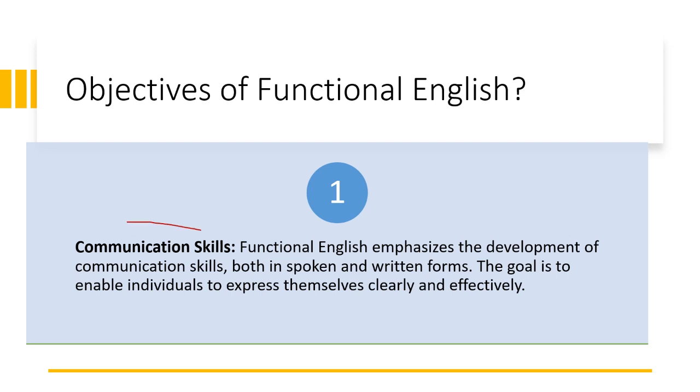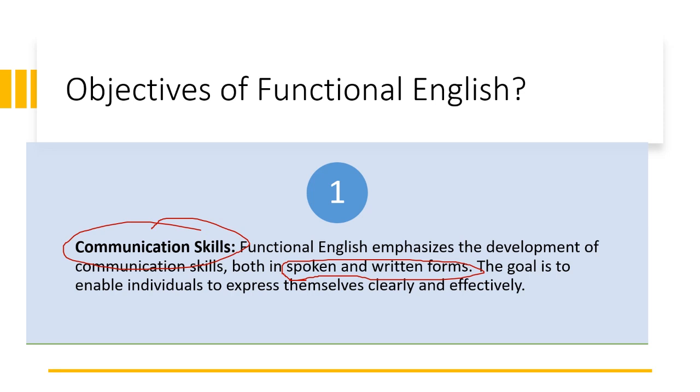communication focuses on skills. As we have discussed in the previous slide, its focus is on enhancing the skills. Functional English emphasizes the development of communication skills both in spoken and written form. Its objective is to enhance both skills.